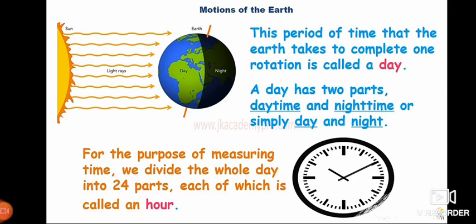These two things happen only because of the rotation of the earth. So keep in mind, because of the rotation of the earth, we have day and night. Okay, and a day is of 24 hours. Okay, so here we have finished the concept of sunset and sunrise. Now let's move on to the new concept.